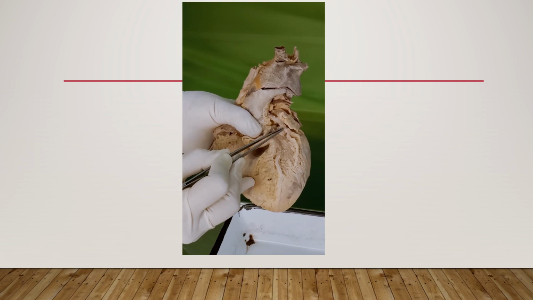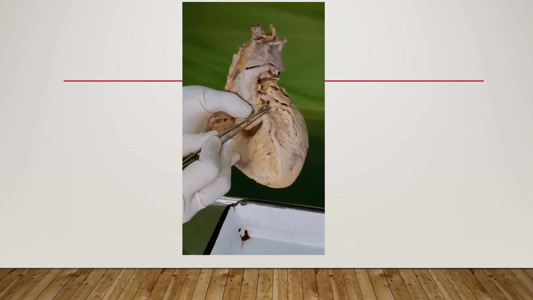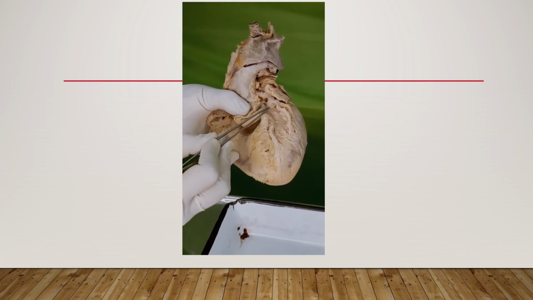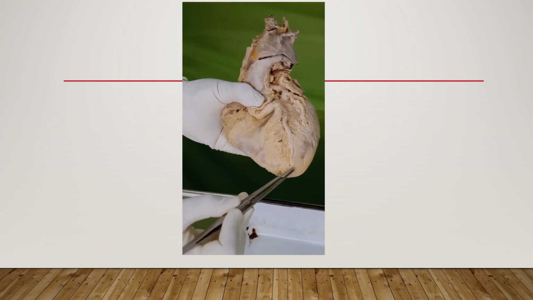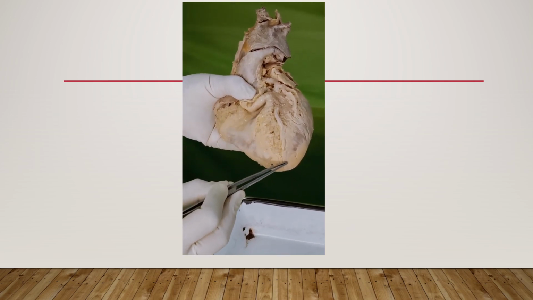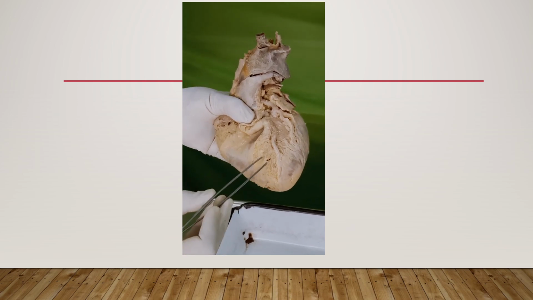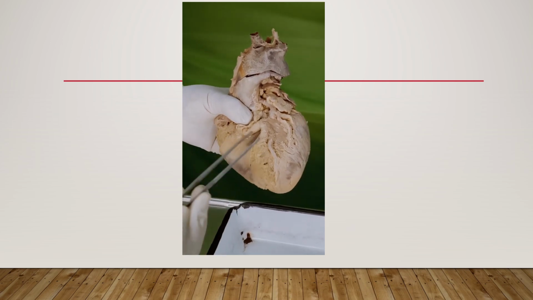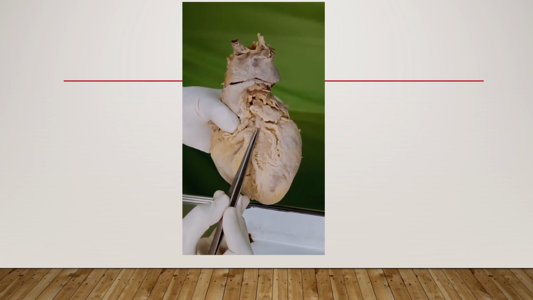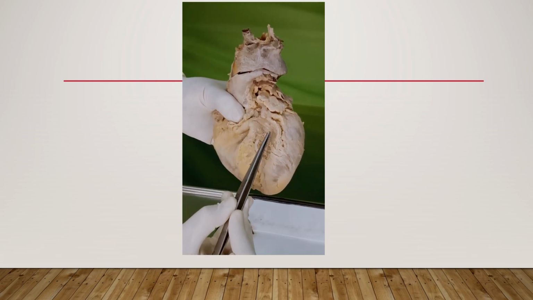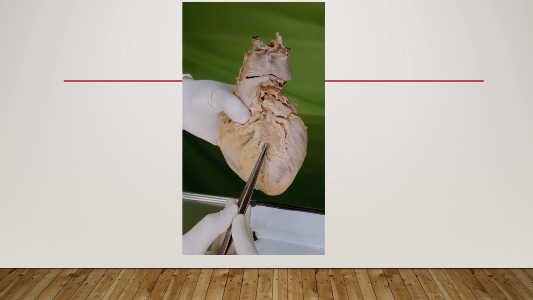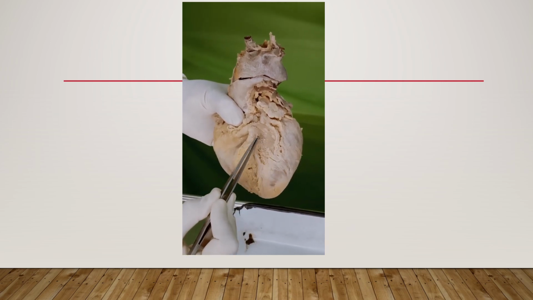The left coronary, after its origin at the left border of the heart, divides into branches. As you can see here, this is the anterior interventricular artery which is passing in the anterior interventricular groove along with the great cardiac vein. In the specimen, we can see myocardial tissue covering the anterior interventricular artery, and this is called a myocardial bridge.